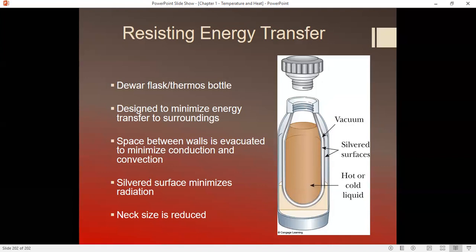But using one of these, you can keep your coffee or soup warm during the winter, or keep a cold drink cold during the summertime. Again, vacuum, no conduction or convection because there's nothing there to transfer the heat. No radiation because with the emissivity pretty close to zero, no thermal radiation is transferred.